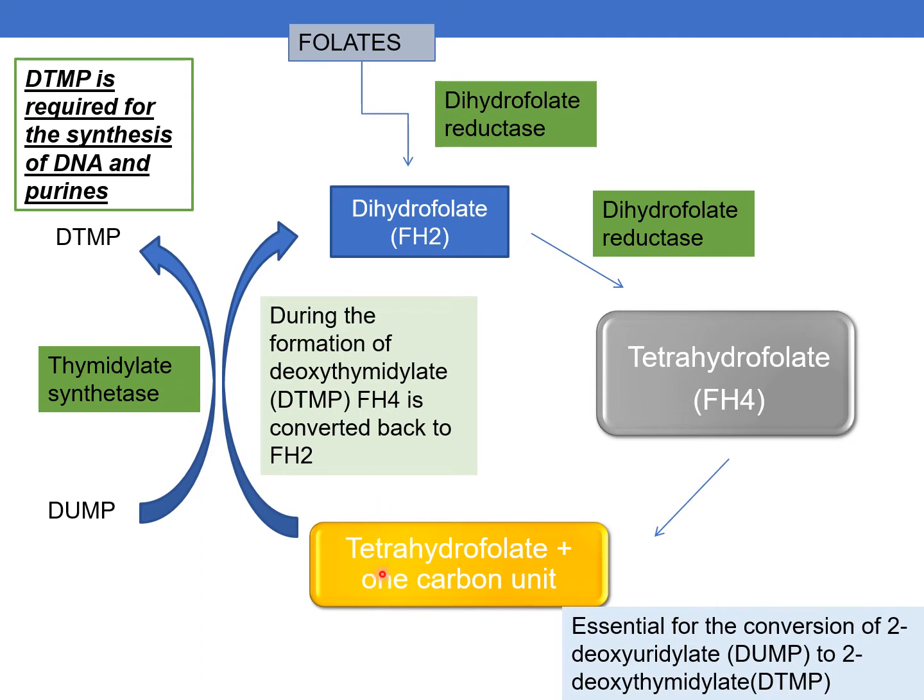And after the conversion of dUMP to dTMP, this tetrahydrofolate is converted back to dihydrofolate. So this is a cyclic process. And this dTMP is required for the synthesis of DNA and purines.